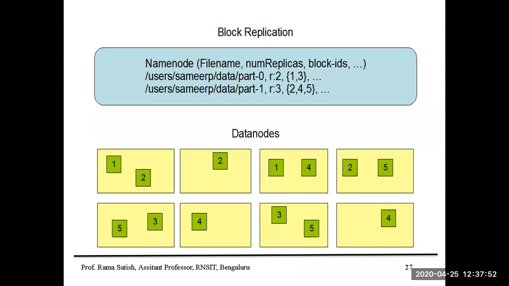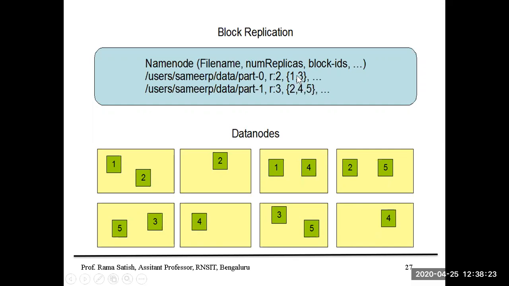Name node is the one which holds the metadata: number of files, the number of replications, the IDs. So yesterday we discussed this. A file named part0 has two replications, and it is split into two blocks.